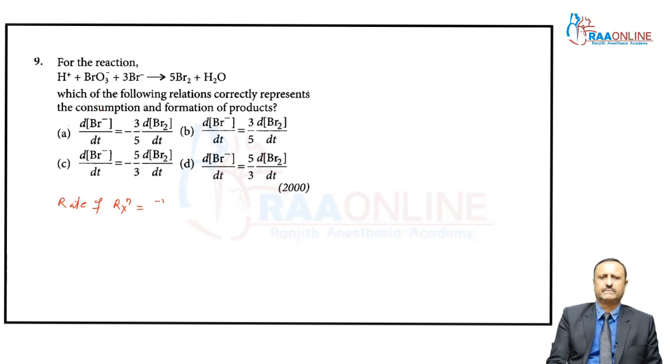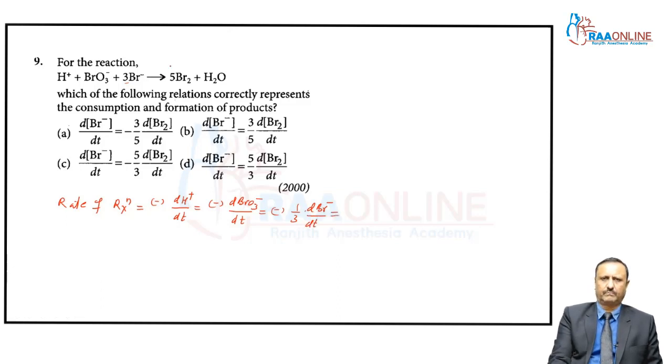For the reactant BrO3 minus, here the stoichiometric number 3 is present, so you can write minus 1 upon 3 into dBr minus upon dt.